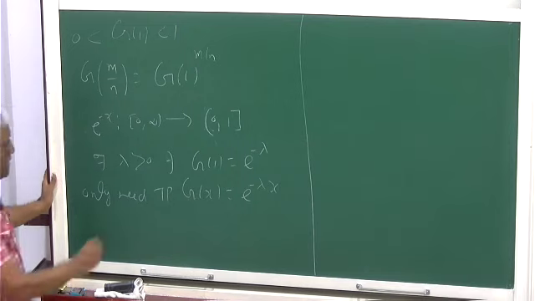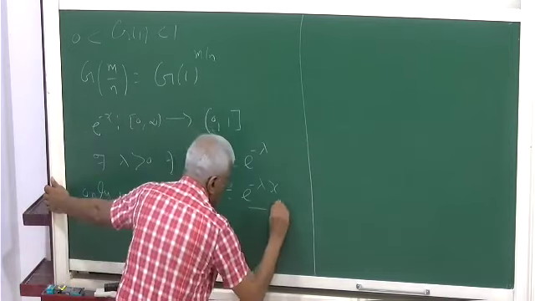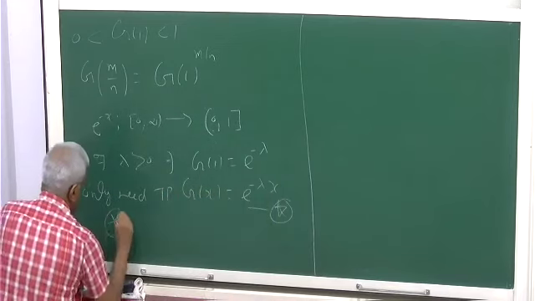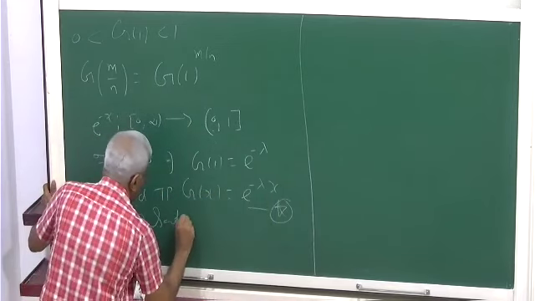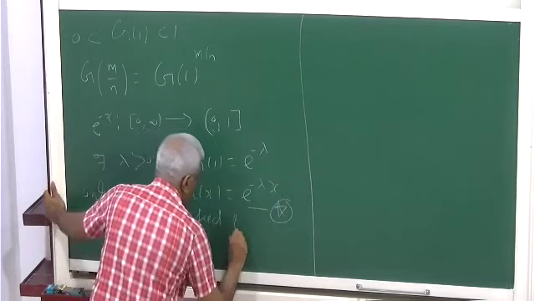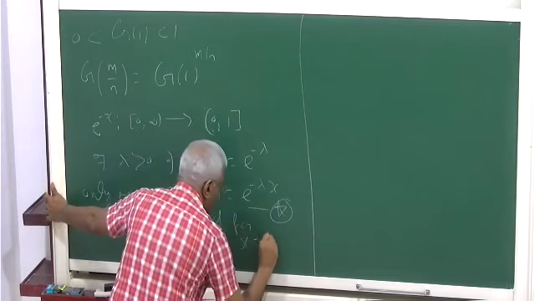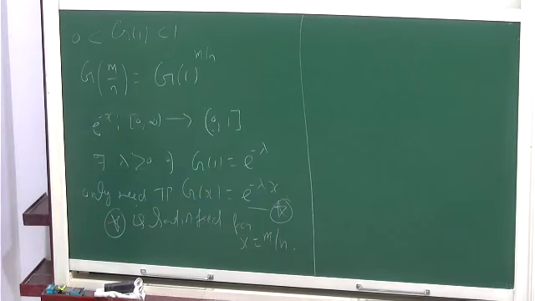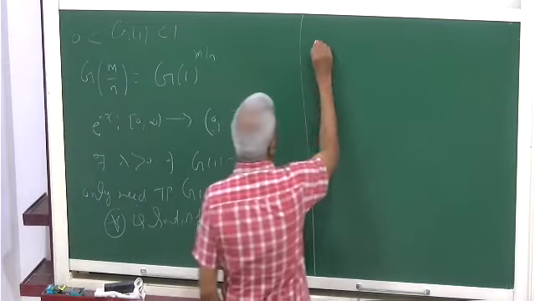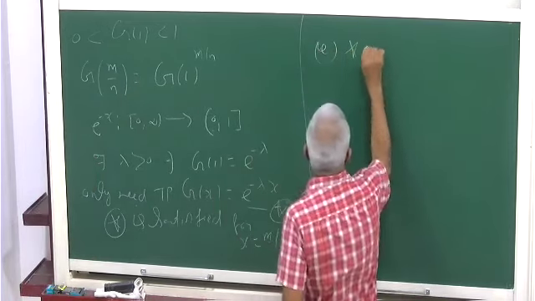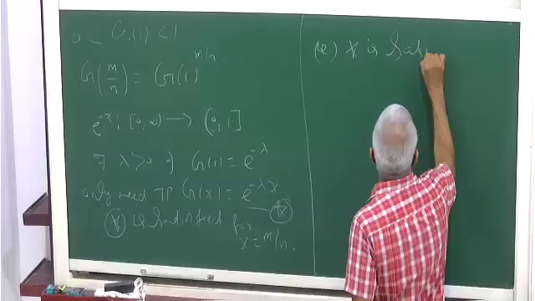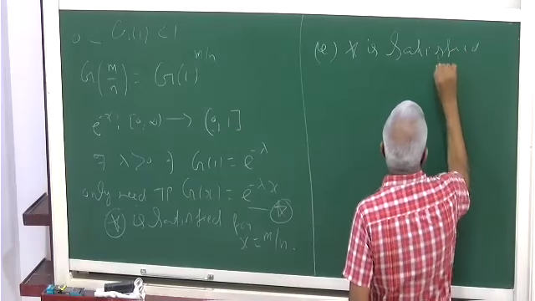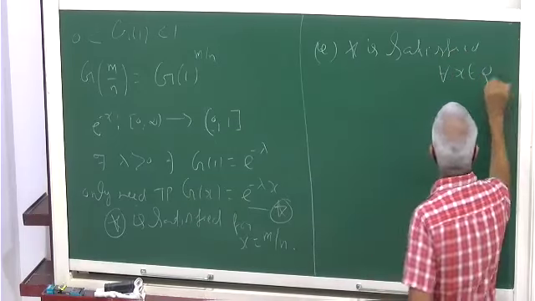If we call this equation star, it is satisfied for x equal to m by n, that is, star is satisfied for x in rational numbers.